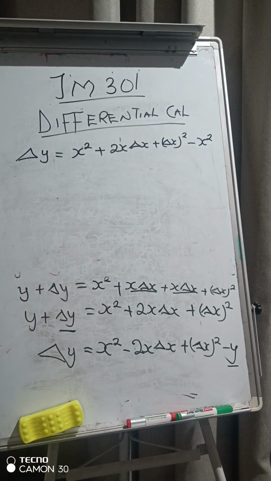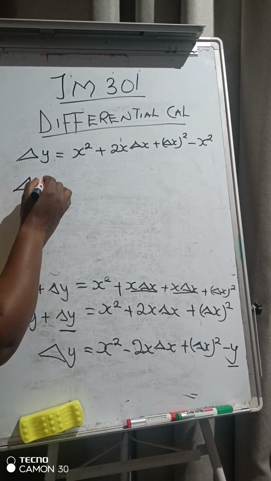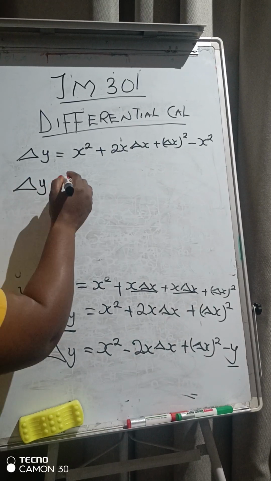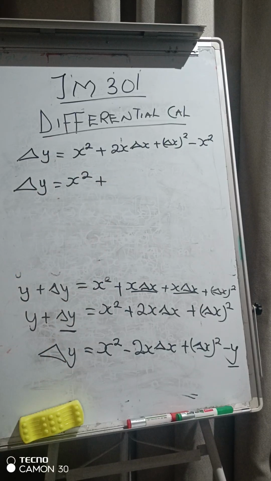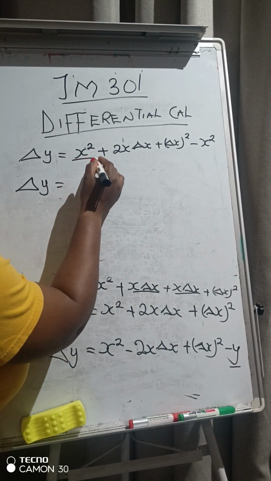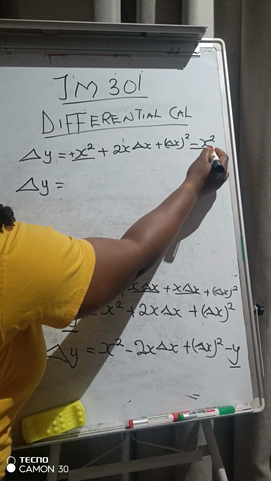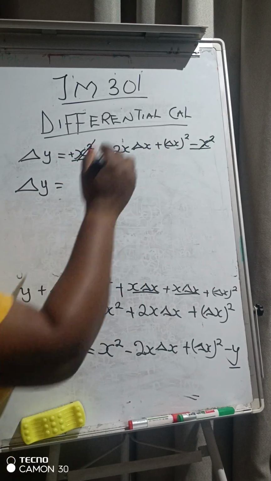So look through and see if there is something we can remove. So change in y is now going to be x squared plus, okay, there's no need going through that. If you see, we have x squared, the positive one, and we have x squared, the negative. So it means this will cancel, this will cancel.